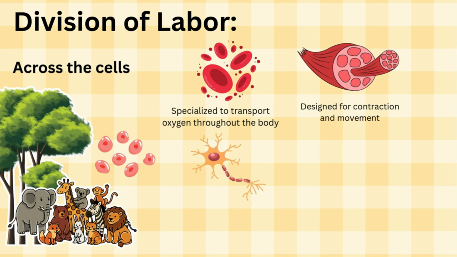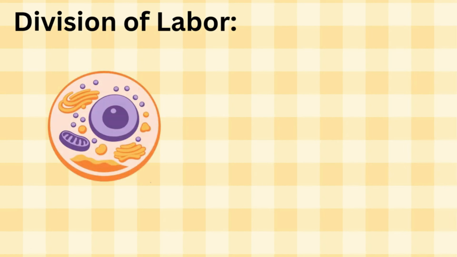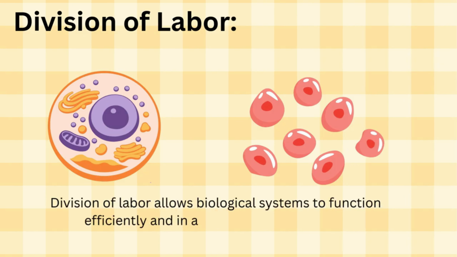Nerve cells or neurons transmit electrical signals that allow communication within the body. And skin cells provide protection by forming a barrier between the body and the external environment. So whether we look inside a single cell or at the millions of cells that make up a complex organism, the same principle applies. Division of labor allows biological systems to function efficiently and in a highly coordinated way.